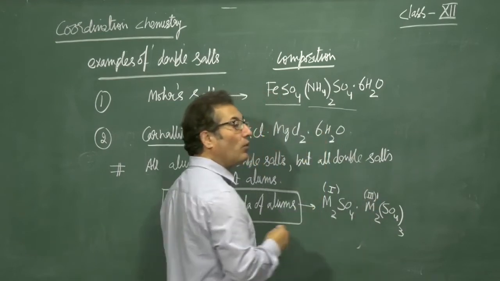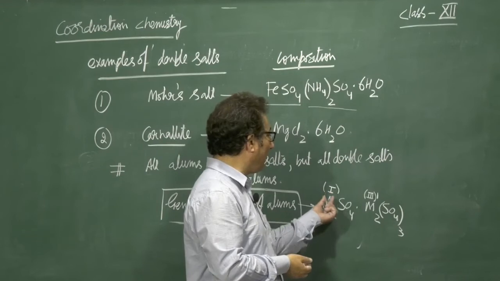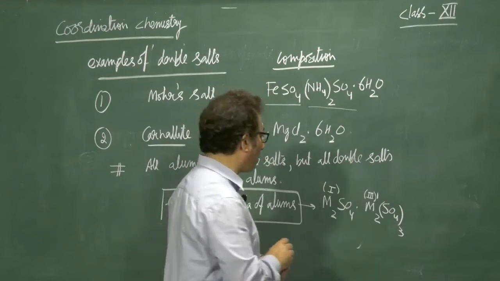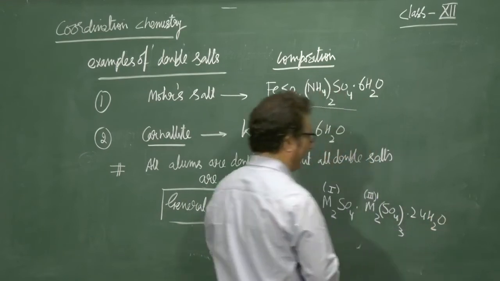Or if we use the old term, one metal must be monovalent, the other metal must be trivalent, with 24 molecules of water of crystallization.